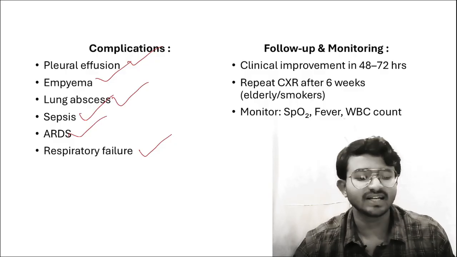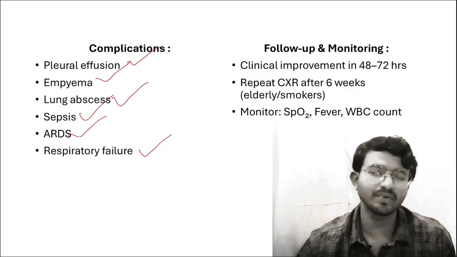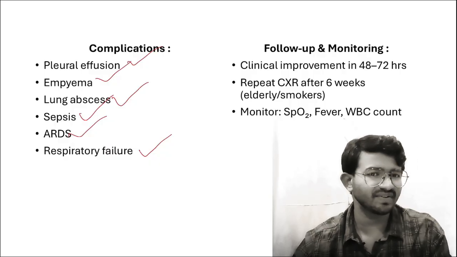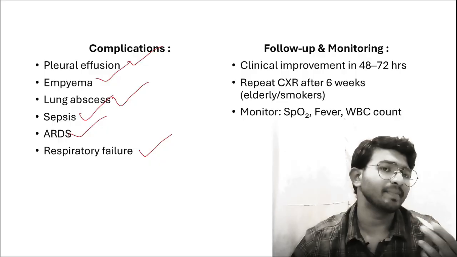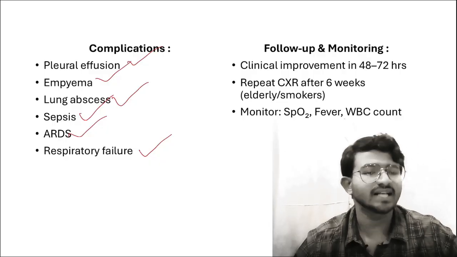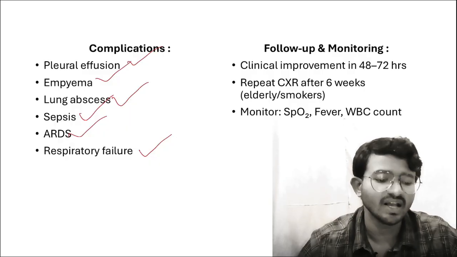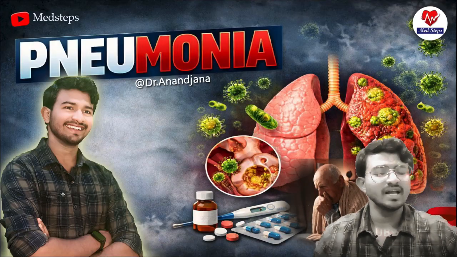We have to repeat the chest X-ray after 6 weeks if the patient is elderly, a smoker, greater than 65 years old, or has any immunosuppression problems. Next, we have to monitor saturation, fever and the WBC count.